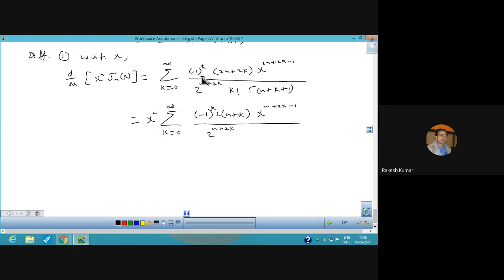Now I am going to adjust a 2 here. If I write a minus 1 here, you can multiply it with the 2. This is just an adjustment.